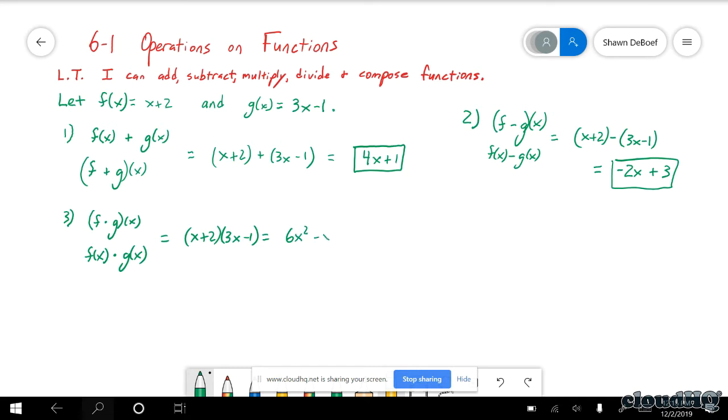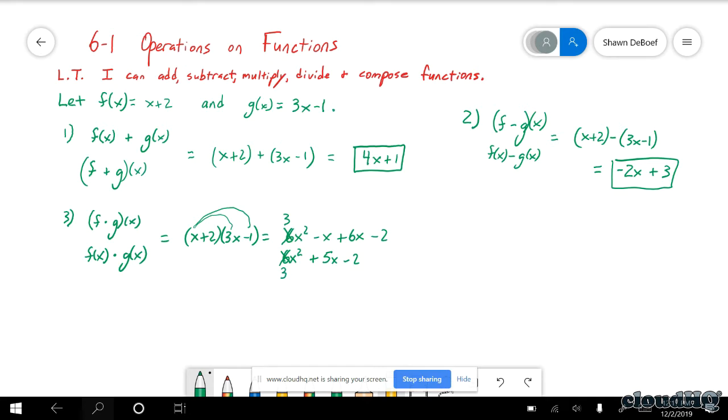6x squared minus x plus 6x minus 2. When you do all of your distributing, combine your like terms together. I have 6x squared plus 5x minus 2. So my FOIL was this, x times 3x, x times negative 1. Oh, sorry, I did make a mistake. Thank you for pointing that out. So that should have been a 3, not a 6. I saw my 2, I guess.